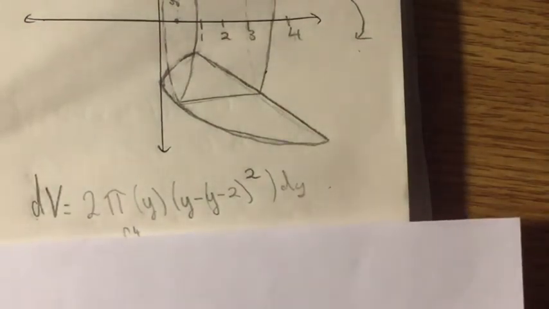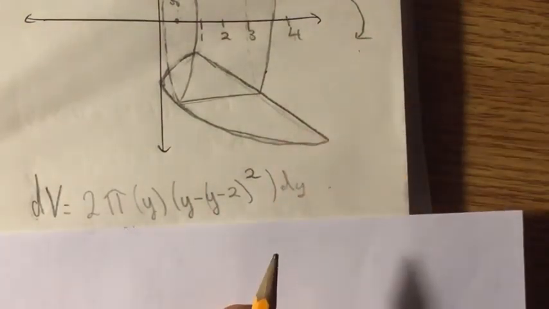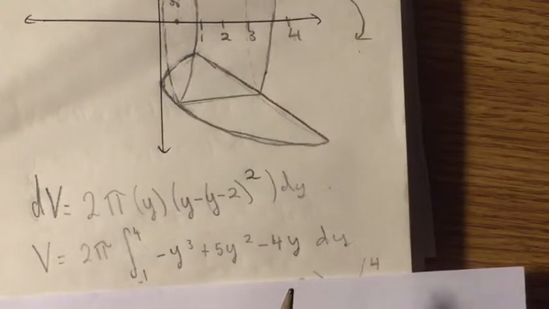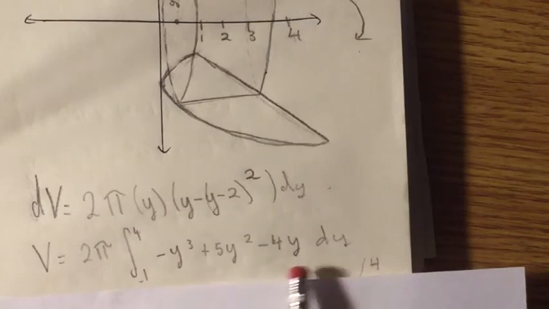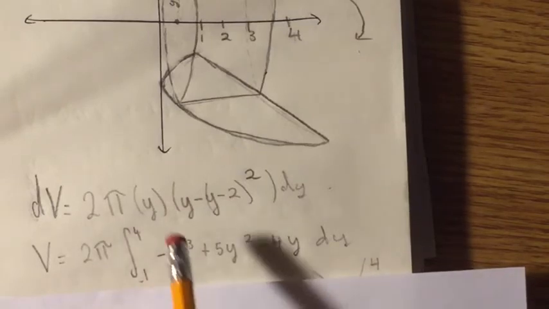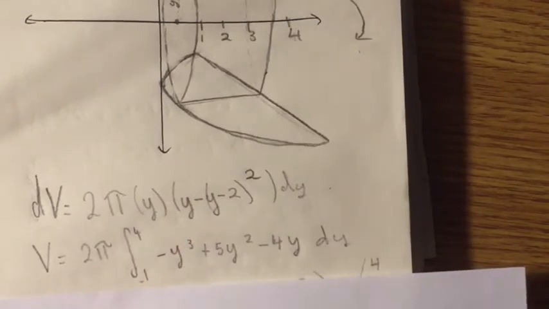Then, in order to find the volume, we take the integral on both sides. So volume is equal to 2 pi, the integral from 1 to 4, and I just simplified this a little bit more, so it's negative y cubed plus 5y squared minus 4y dy.